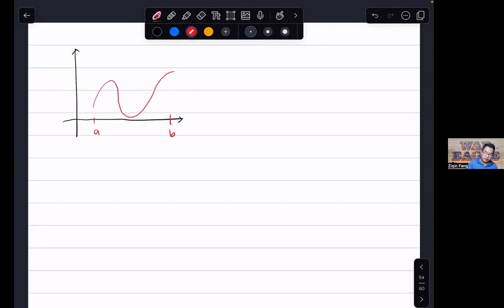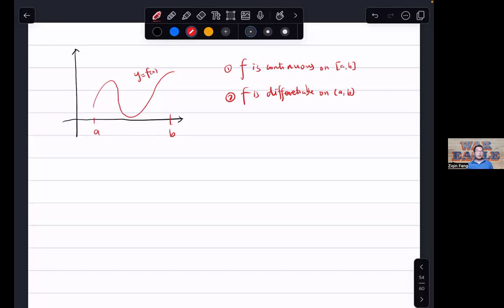So this is our function y equals f of x, such that first, f is continuous on [a, b]. Second, f is differentiable on (a, b). Before you apply any result, you have to check whether the assumptions are satisfied.